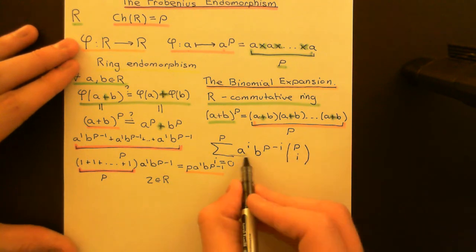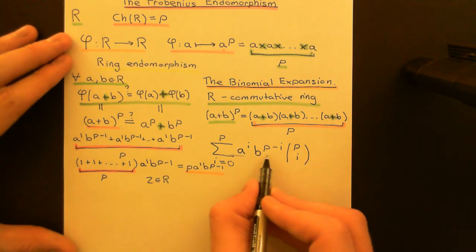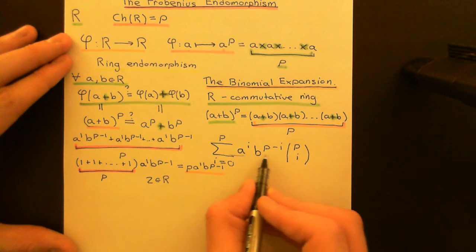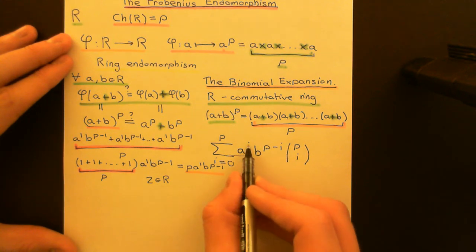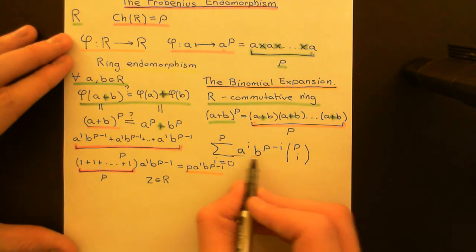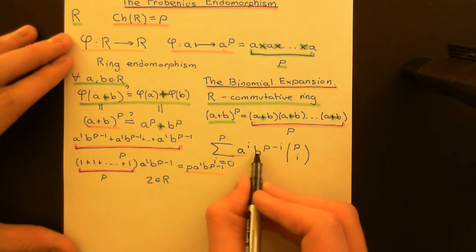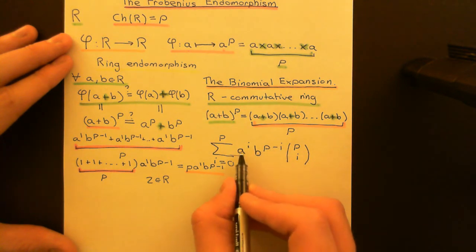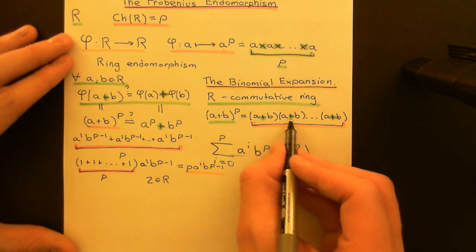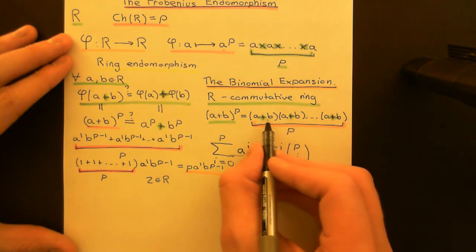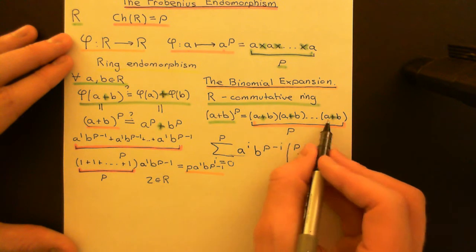and what is the reason for that? Well, we need to know how many times you are going to get this particular combination of powers, where you've got a to the power of i and b to the power of p minus i. Well, it's just how many different ways there are of choosing i a's from these p brackets.